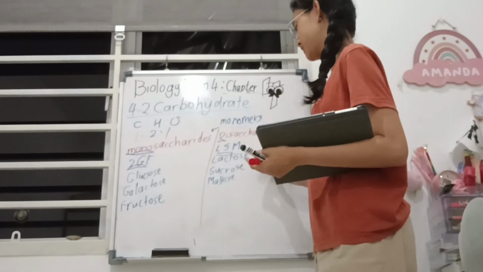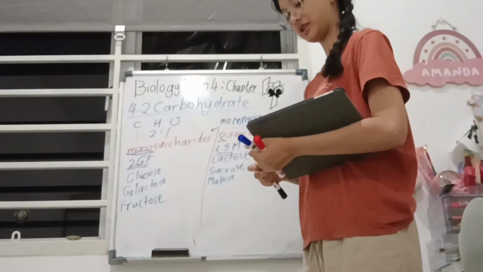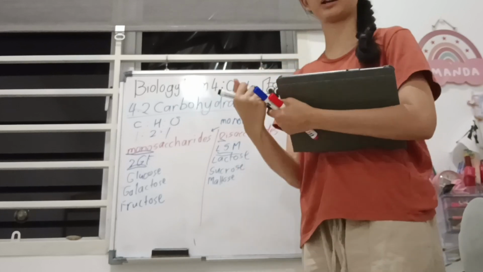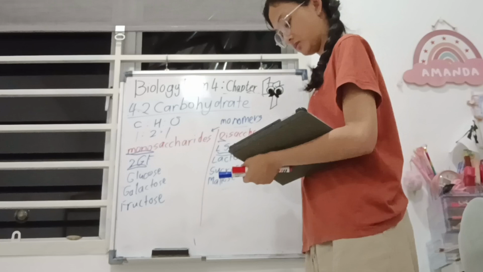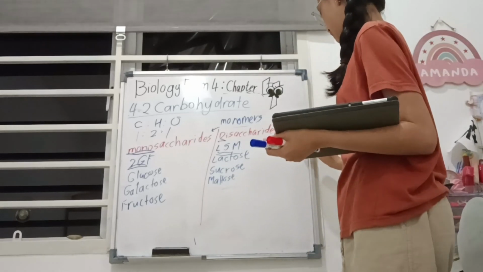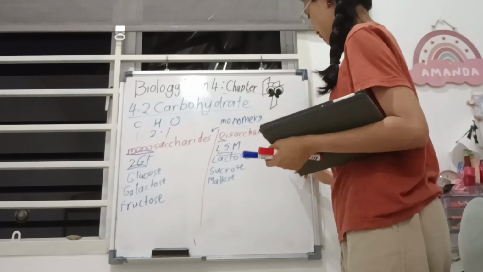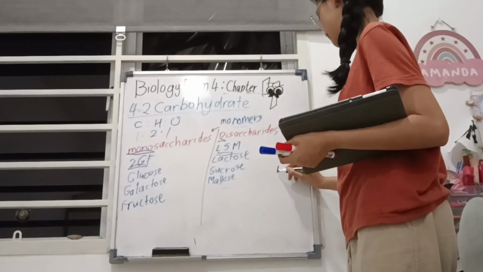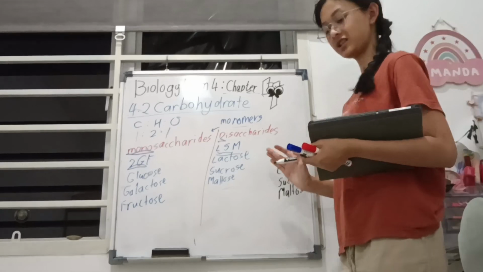Okay, where do the disaccharides come from? Let me show you. There are a few chemical equations, but don't worry, they are really easy. So in the chemical equation, write down lactose, sucrose, maltose. These are the disaccharides.